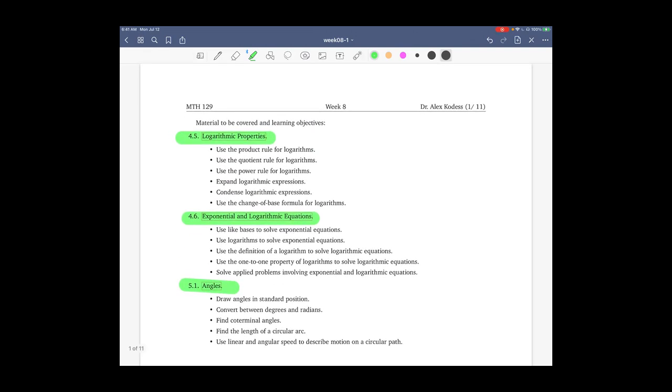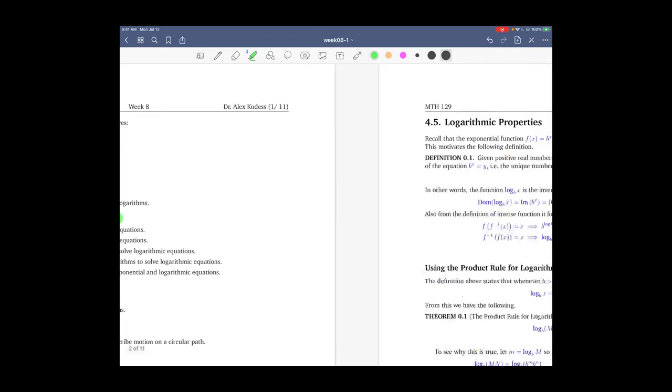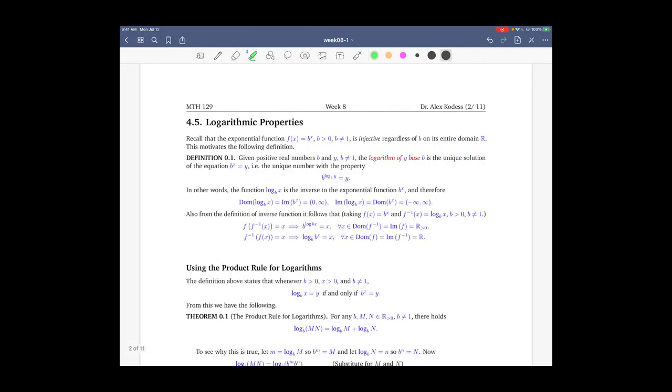So the first topic is logarithmic properties. Let me remind you that the logarithmic function is the inverse of the exponential function b to the power x, where b is a positive number different from 1.